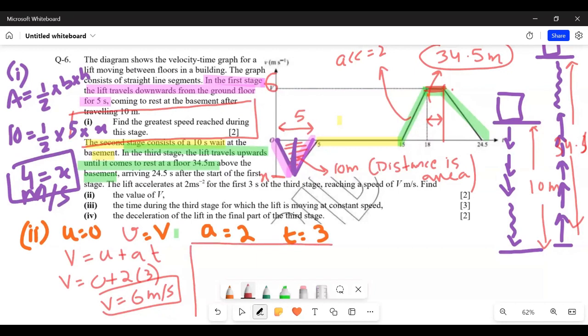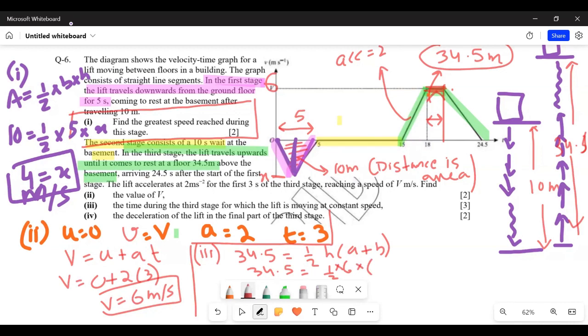So that should be area, which is 34.5 equals area of trapezium, which is half times height times sum of parallel sides. Let's call it A plus B. So 34.5 equals half times height, which is 6. Height is this distance, which is 6, times sum of parallel sides.